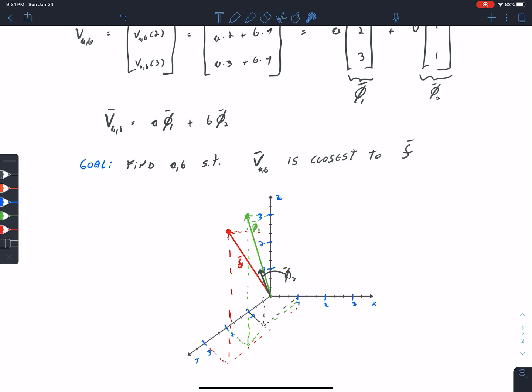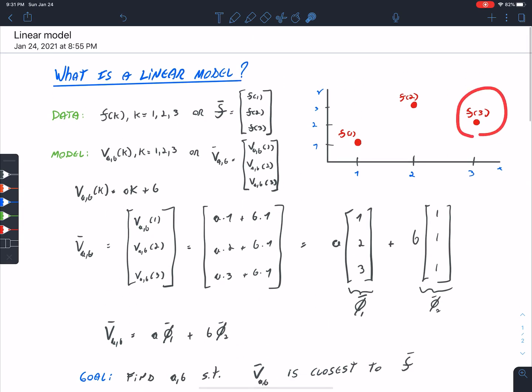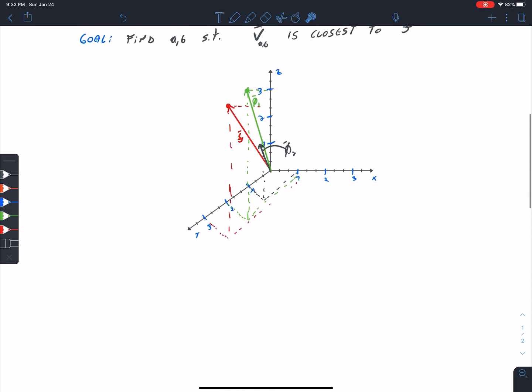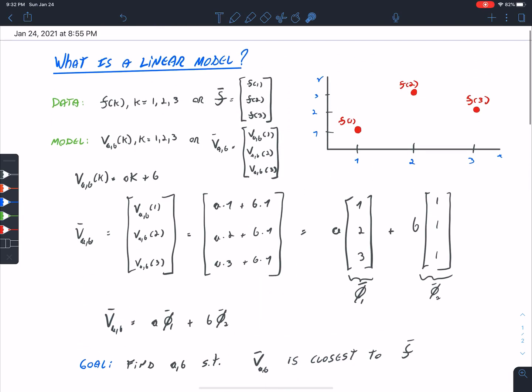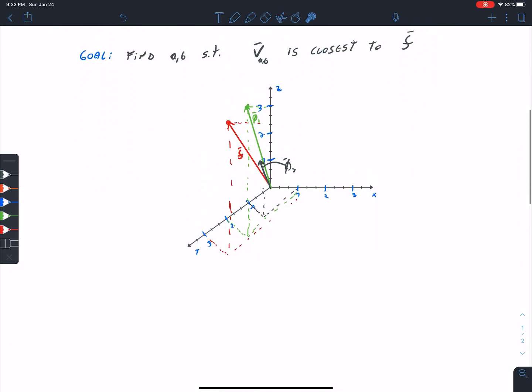You can trace the value: the third coordinate is roughly 2.5 or so, which is what we wrote over here. The first coordinate is 1, and the second coordinate is roughly 3. So here we have roughly 1 and roughly 3 for those coordinates. So that's our vector f.